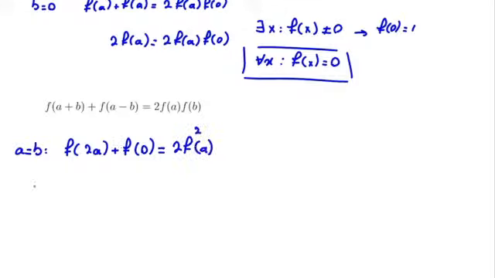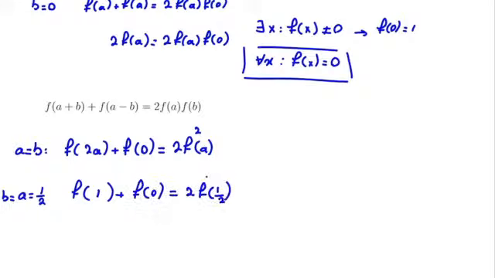Because we want to focus on finding f of 1, we can say, okay, if a equals 1/2, then a equals b equals 1/2. f of 1/2 times 2, which is f of 1, plus f of 0 will be equal to 2f of 1/2 whole squared. So f of 0 is what? It is 1. And this one is at least 0 because it is a square. So f of 1 is at least -1.